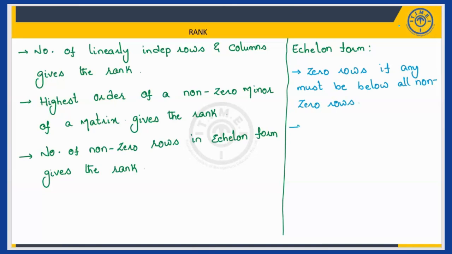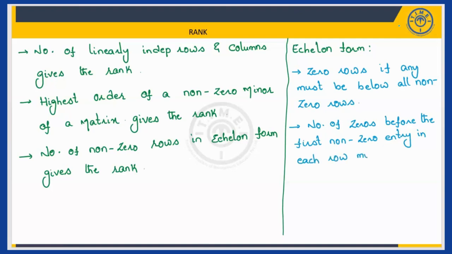And the second condition is the number of zeros before the first non-zero entry in each row must increase down the rows.